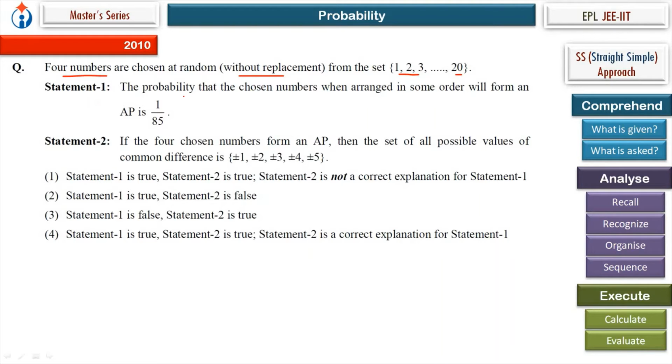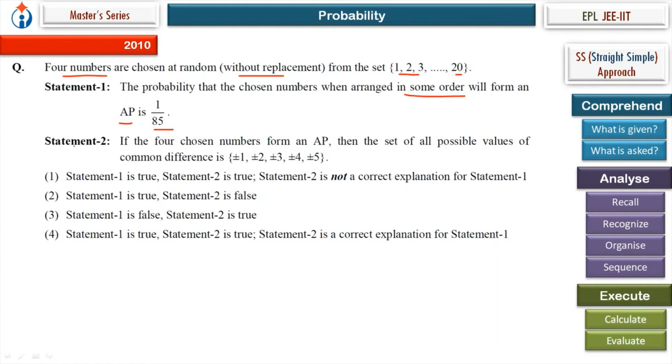Now statement 1 says the probability that the chosen numbers, when arranged in some order, will form an AP, arithmetic progression. So the probability of occurrence of this event, that the chosen numbers arranged in an order form an AP, is 1 by 85.